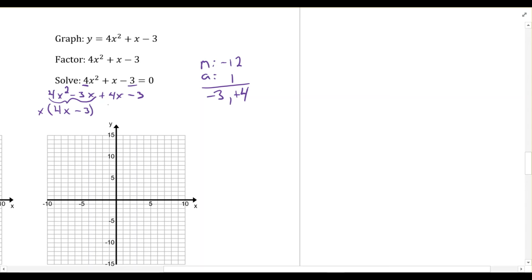And then over here, we can't really factor out anything. So it's just plus 1 and then 4x minus 3. So our factors here, I'm just going to carry this on down here, sorry about that, are going to be 4x minus 3 times x plus 1.